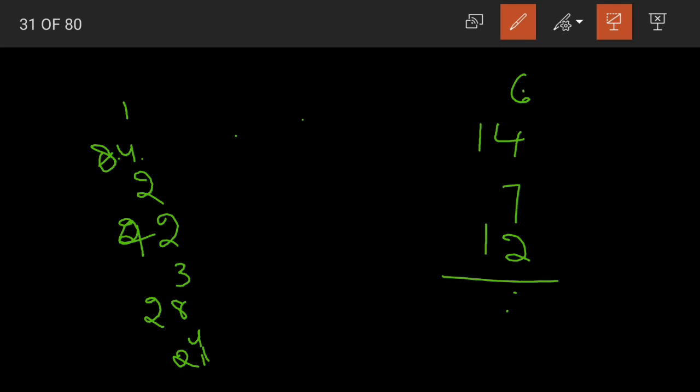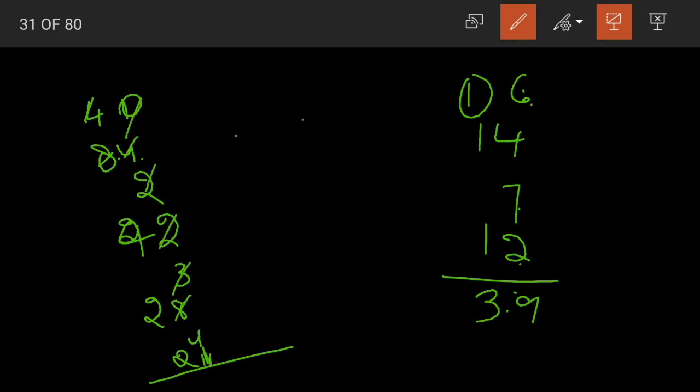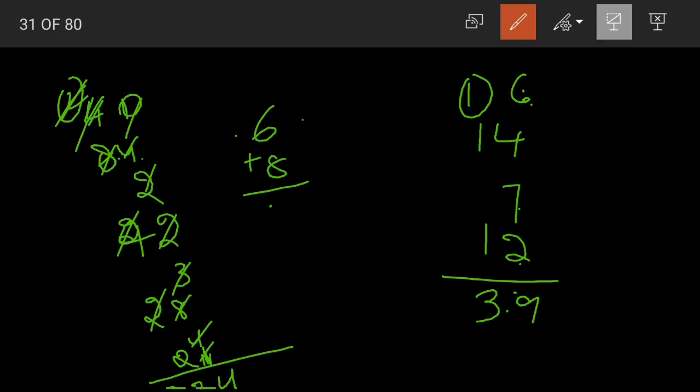So let us add 6 plus 4 10, 10 plus 7 17, plus 2 19, 39. So here 39 plus 1 becomes 40. If we add 4 6 8 9 10 11 19, 24. So 2 carried here, children. 6 plus 2 plus 4 6. 6 plus 8 becomes how much? 14. 14 plus 4 18. 18 plus 2 20. 20 plus 2 22.